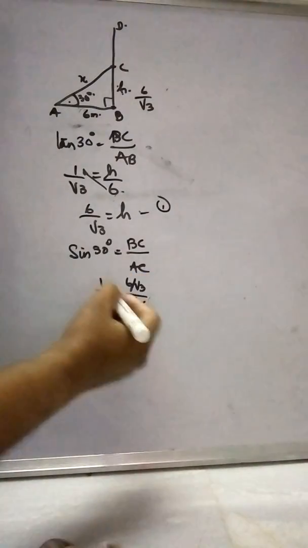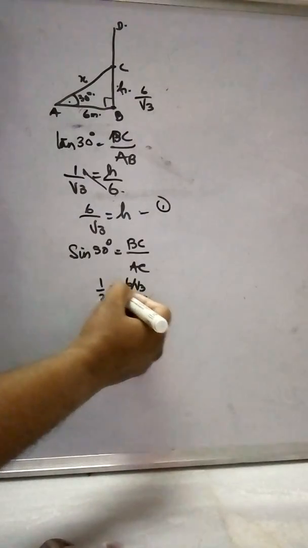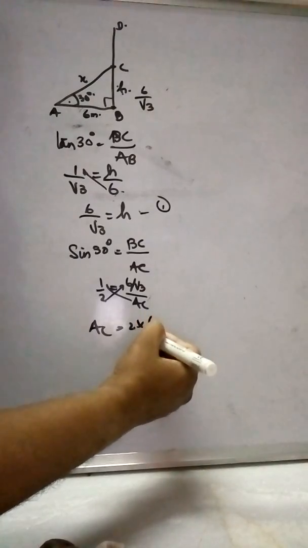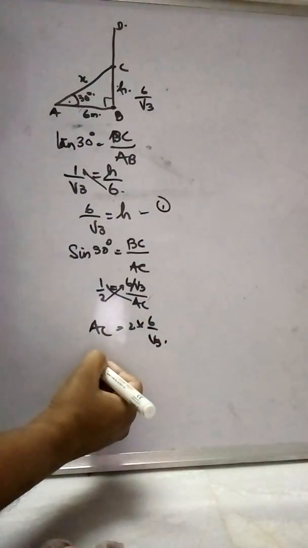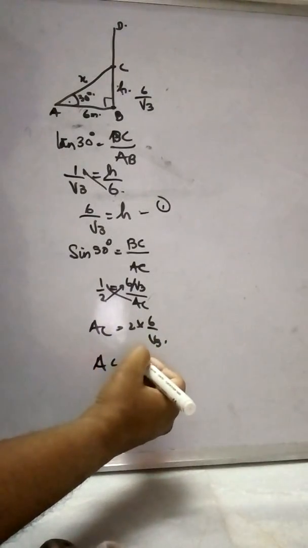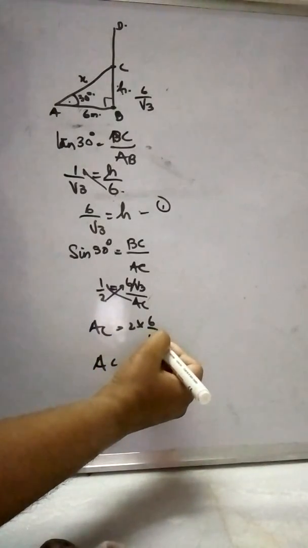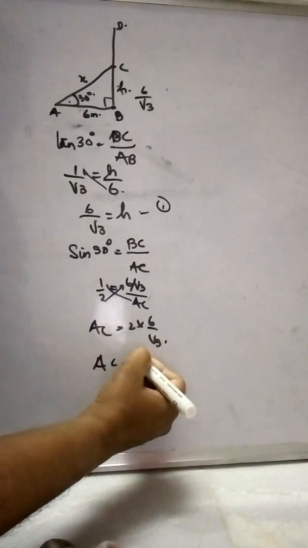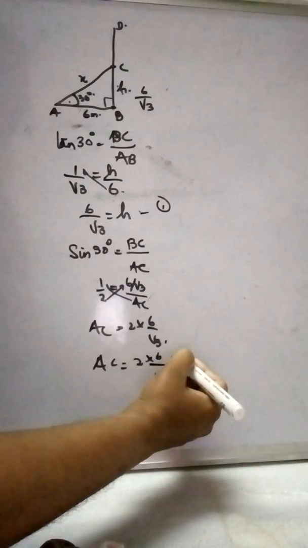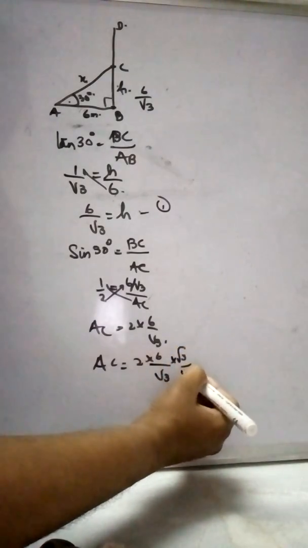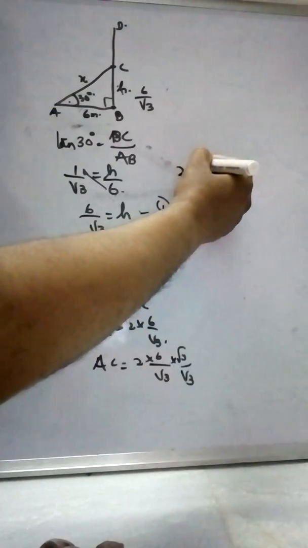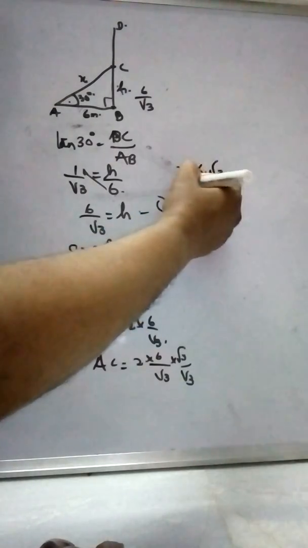Cross multiplying, AC equals 2 into 6 by root 3. I will rationalize the denominator, so it will be 2 into 6 by root 3 into root 3 by root 3. What I will get is 2 into 6 into root 3 by 3.